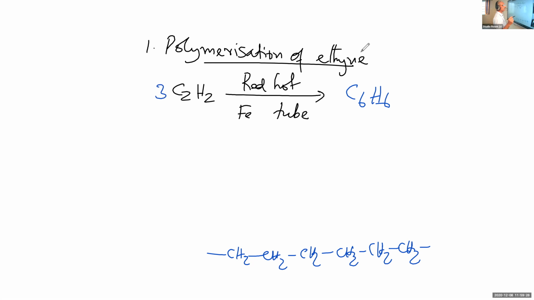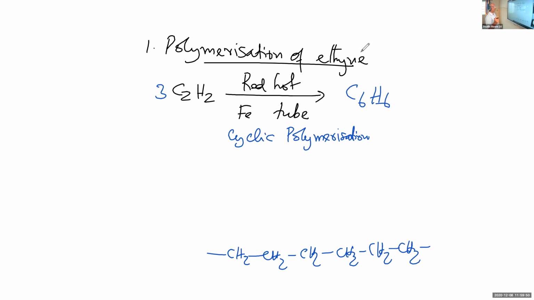Three molecules are combined together forming benzene, C6H6. It is cyclic polymerization, because a ring is formed.